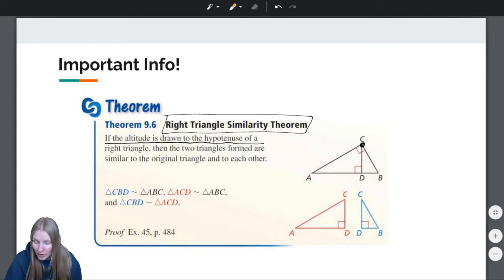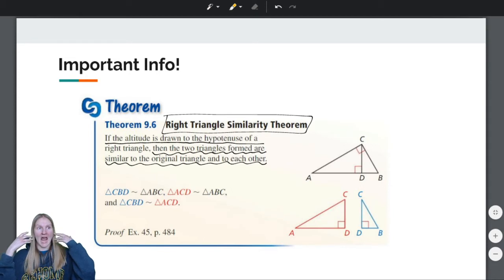If we start at the right angle and we drop the altitude to the hypotenuse, then the two triangles formed are similar to the original triangle and to each other.